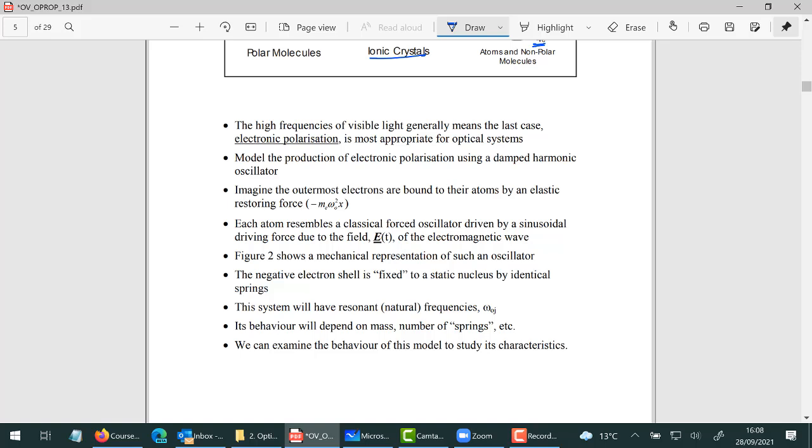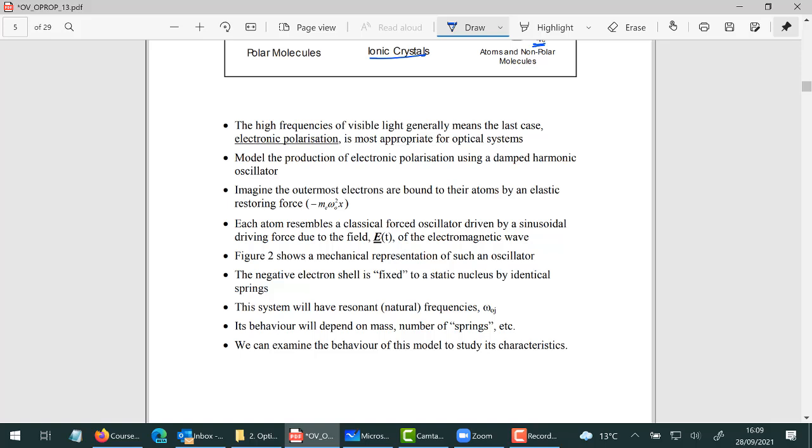Now, can we come up with some sort of idea or a model which will describe how this system behaves? What we're doing is we're applying a force, an oscillating force. We've got a system which is going to give us some sort of response. It's going to be driven into oscillation. There will be some damping and there will be some oscillatory behavior exhibited.